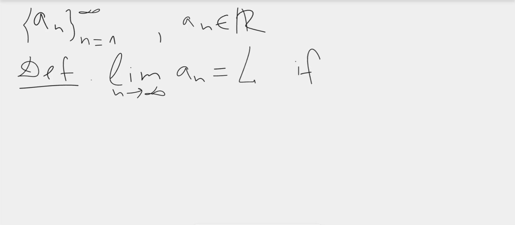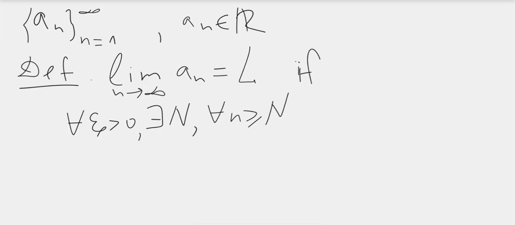if for every epsilon greater than 0 there exists such N that for every n greater or equal than this N, the following inequality holds: the absolute value of a_n minus L is less than epsilon.